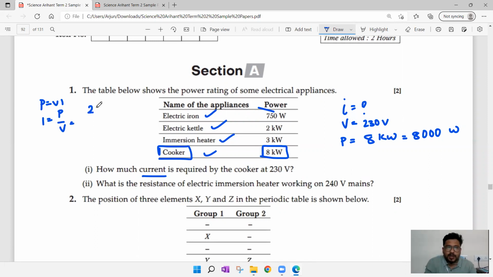Power rating is 8000 upon the V value 230. The 0 gets cancelled. 800 by 23.